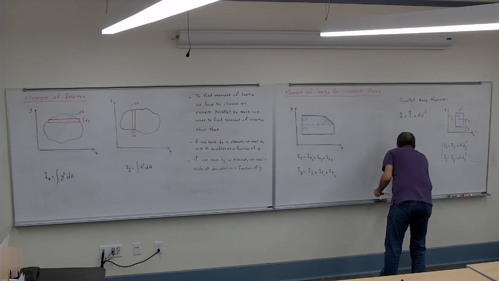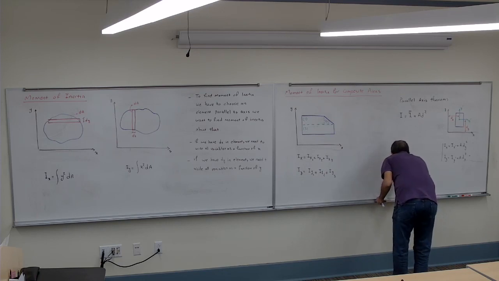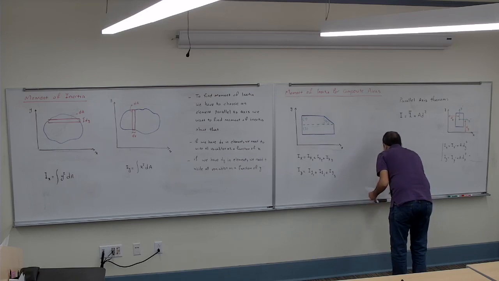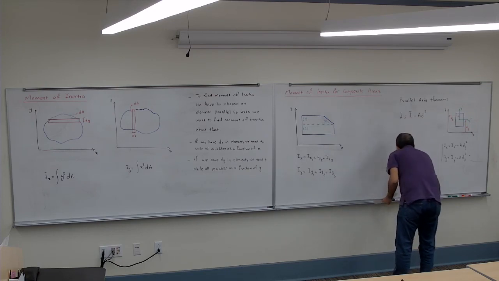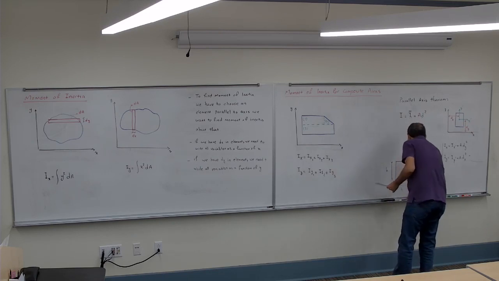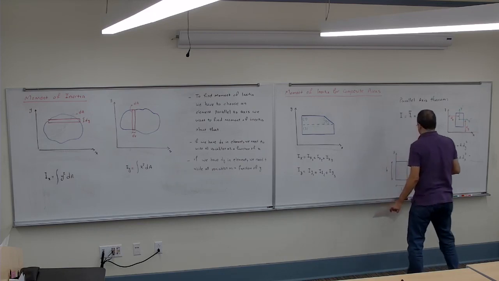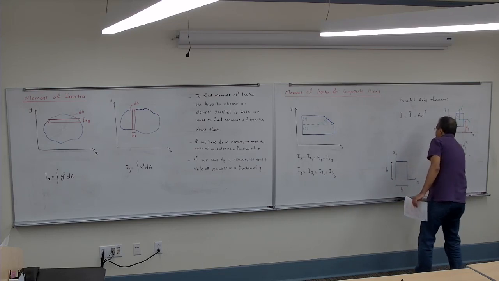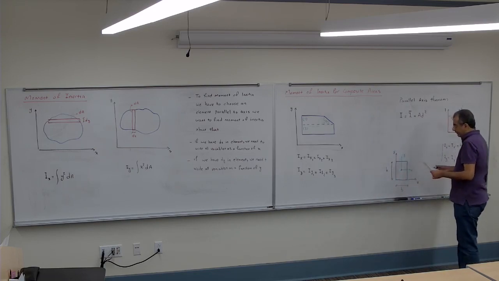For the rectangle, with base B and height H, this is going to be X, this is going to be Y, and this is X prime and Y prime.